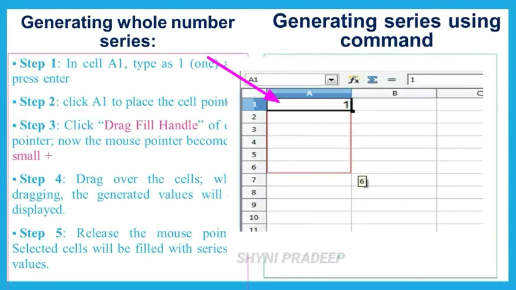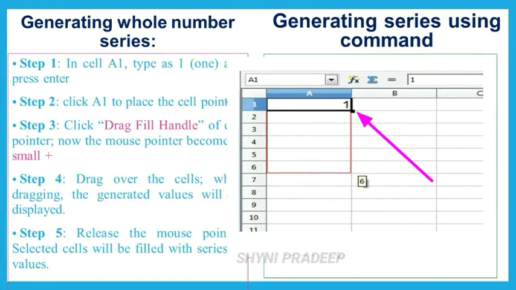See here. In cell A1, type 1 and press Enter. And place the cell pointer in A1, which means click A1. Next, click and drag the fill handle of the cell pointer. Now the mouse pointer becomes a small plus symbol. This is the drag fill handle.